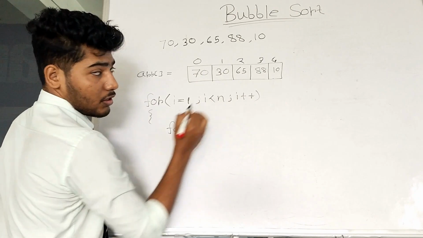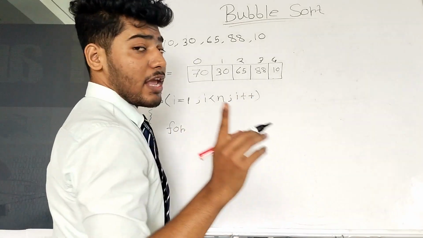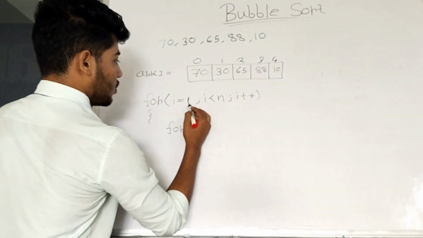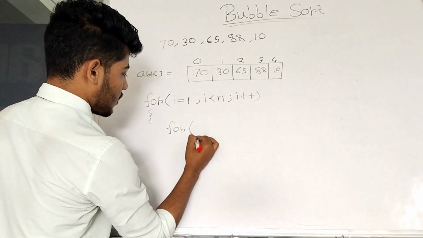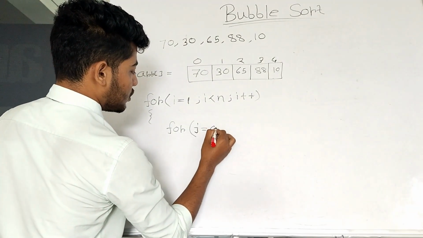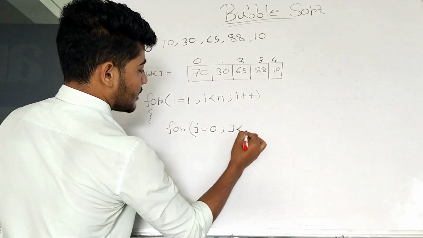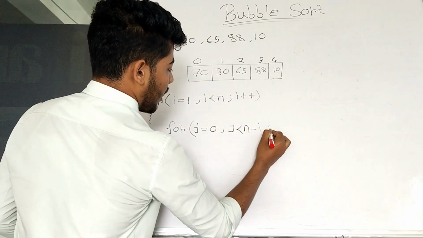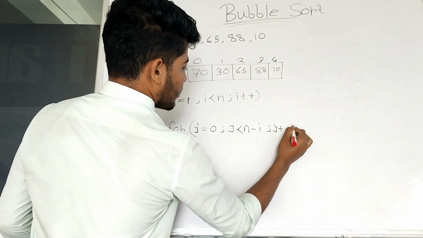This is for iteration. Iteration will be n minus 1 iterations. So this is for iteration. Next, for j equals 0 to j less than n minus i and j plus plus.